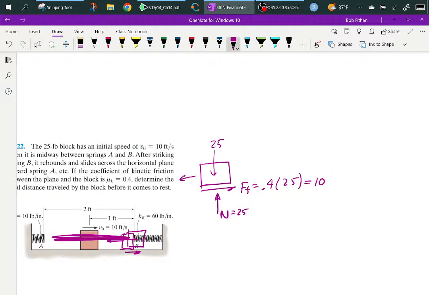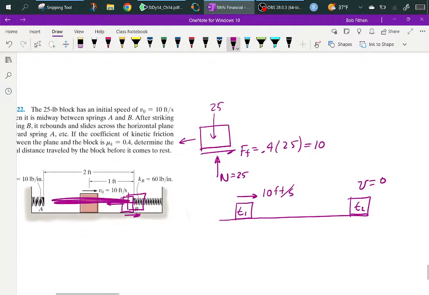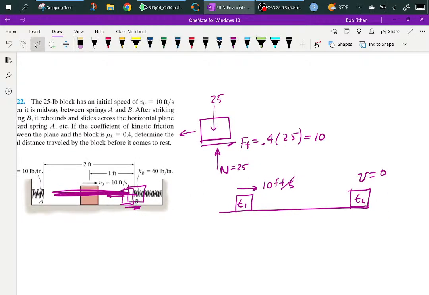So it's as if this block is starting there with 10 feet per second, and it just slides down here across this frictional force until state 2. Okay, we'll call it state 1 and state 2. At state 2, the velocity is equal to 0. And the spring just compresses and decompresses.